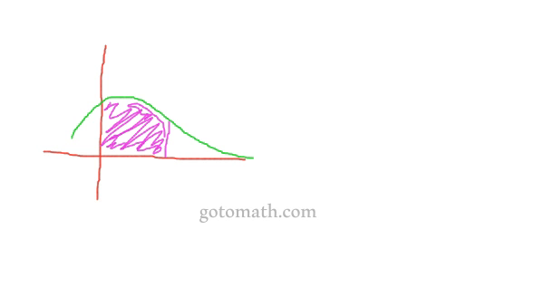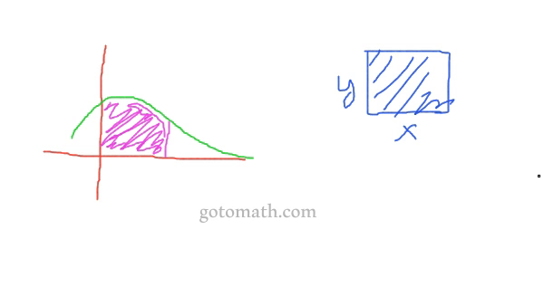Now, if you've never found area, which I'm sure you probably have at some point in time in your life, let's use something else. Let's say I had a box. Now this is supposed to be a square box here. I'll do my best. And that means that this side is some x and this side is some y. And if we wanted to find the area of this box, well, the area is pretty easy.